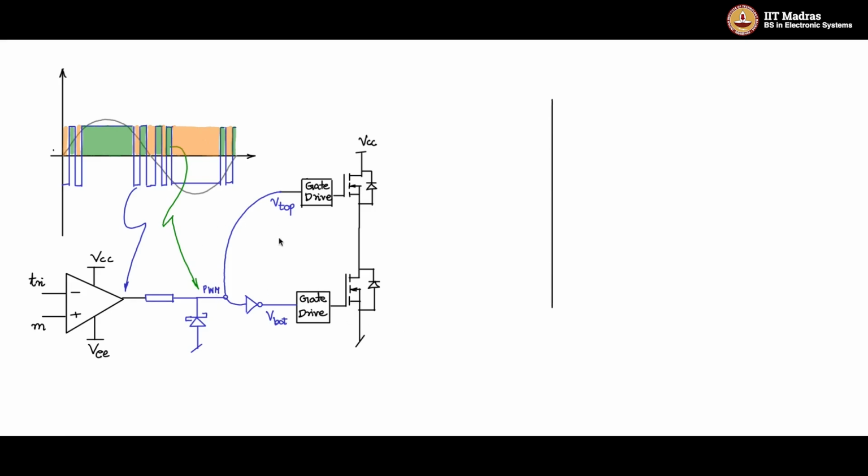So let us look at the requirement. What is it that we require in terms of dead time and in terms of a dead time circuit, and where should this dead time circuit come and what should it be? Let me have this axis, the time axis.